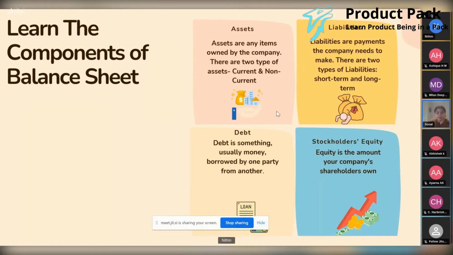Now, liabilities again have two types, short term and long term. So there are also current and non-current liabilities. Current liabilities represent payment obligations your company has to pay within 12 months of the date on the balance sheet. So, for example, an outstanding bill to an equipment supplier could be a current liability, as could salaries payable and income tax payable.